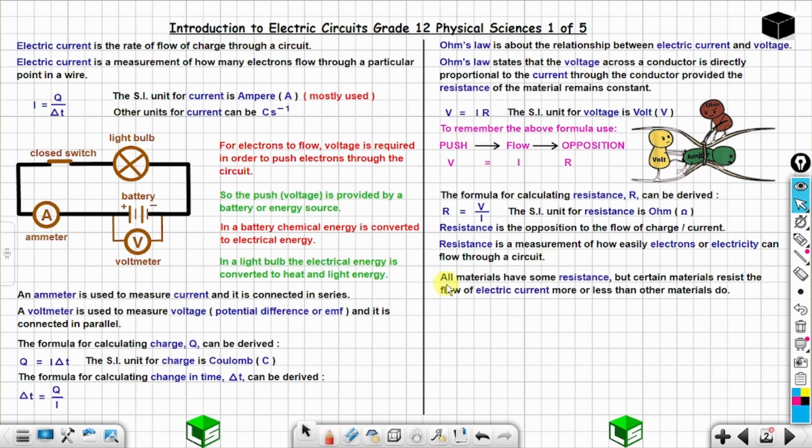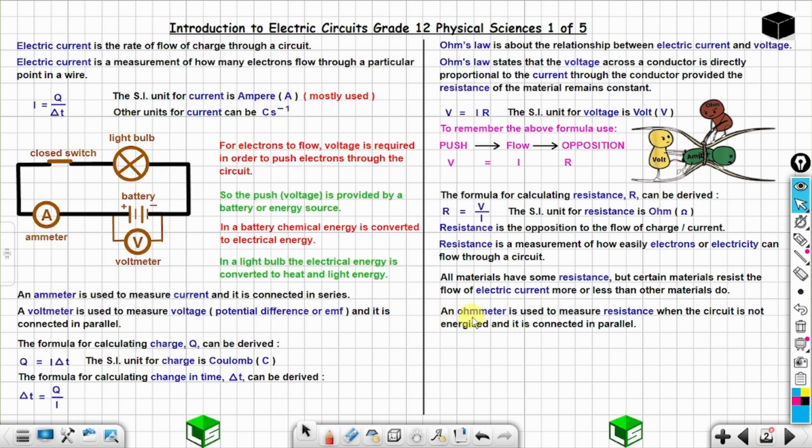All materials have some resistance, but certain materials resist the flow of electric current more or less than other materials do. An ohmmeter is used to measure resistance. Remember the units for resistance.